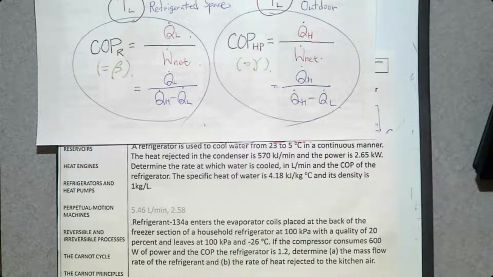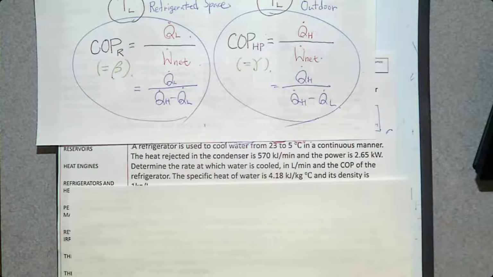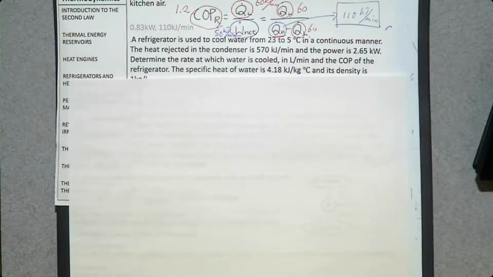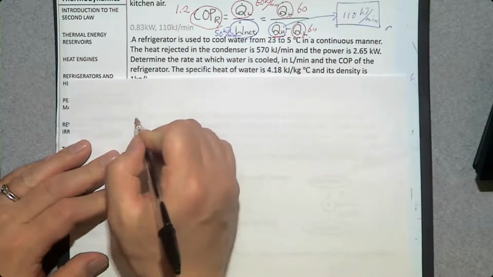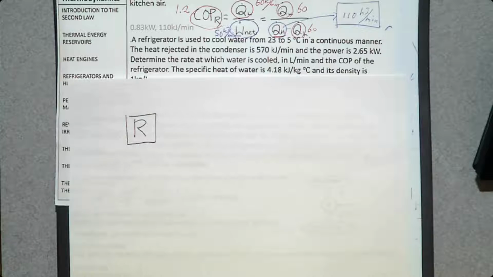Okay, let's do that. So we have a refrigerator R. This one has how many thermal energy reservoirs? Always two.